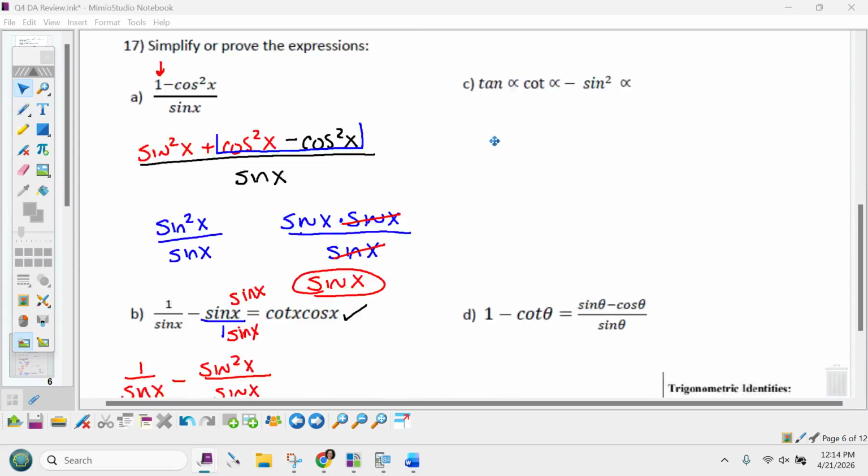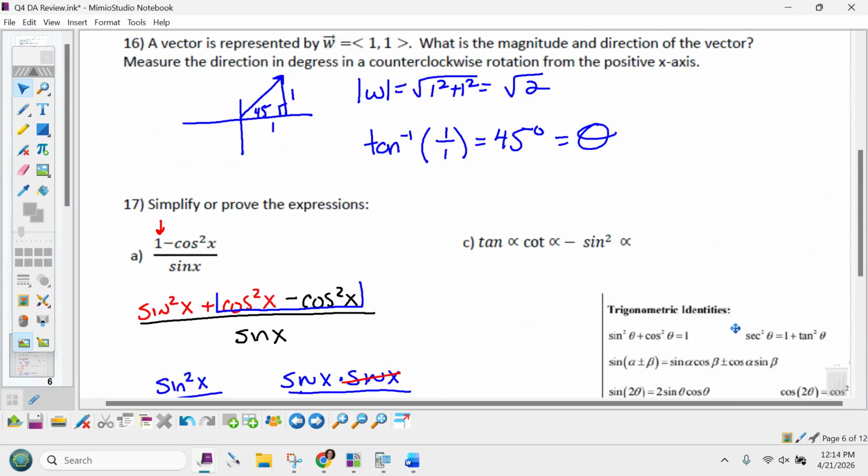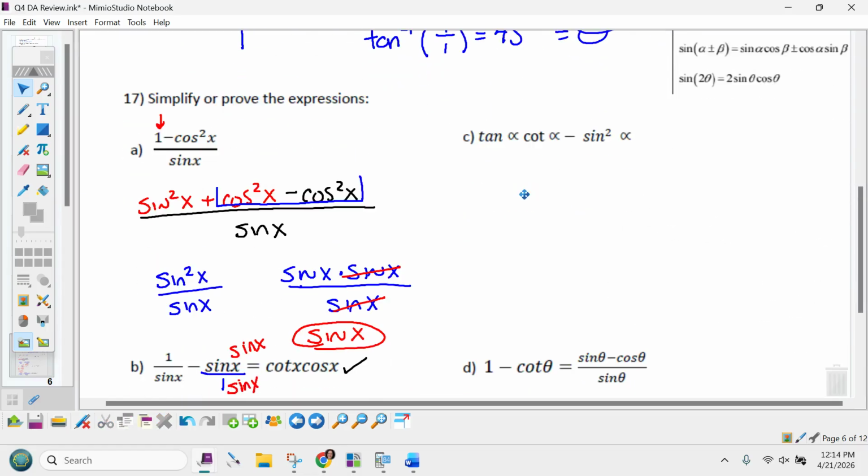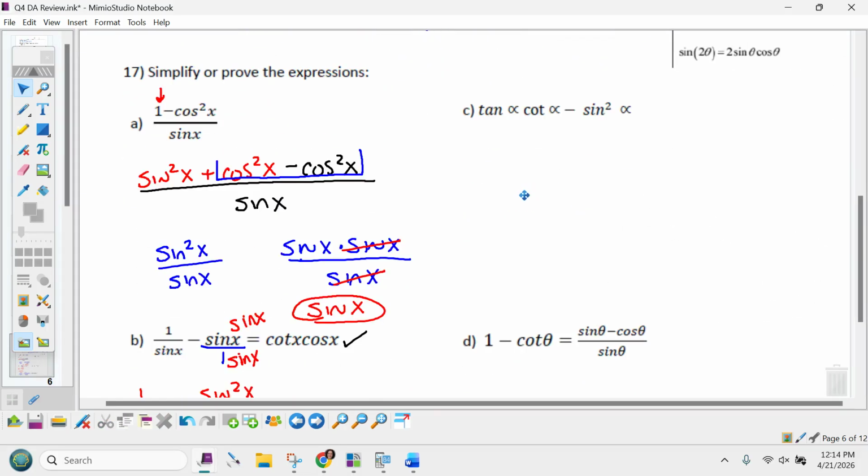Okay, for C, I'm going to change cotangent into 1 over tangent. Use that reciprocal identity. Because now this first part of my problem, tangent divided by itself, simplifies to 1.